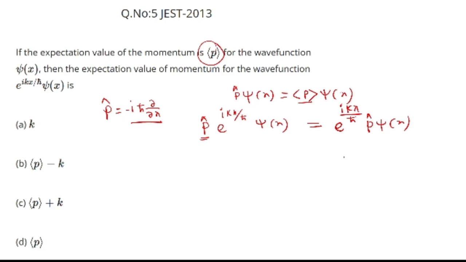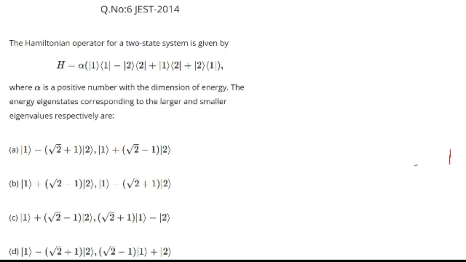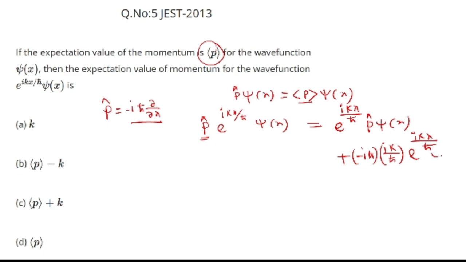Then plus the derivative of the exponential part, with minus iota h cross always there for operator p. If we differentiate the exponential part, it gives iota k by h cross, with the exponential part as it is, and psi is also there.